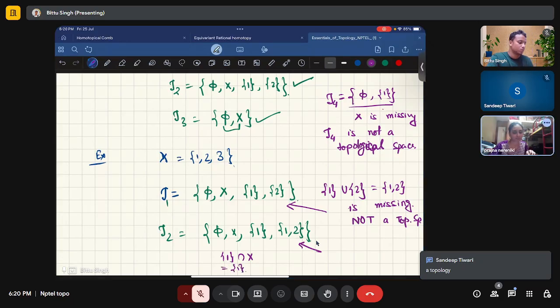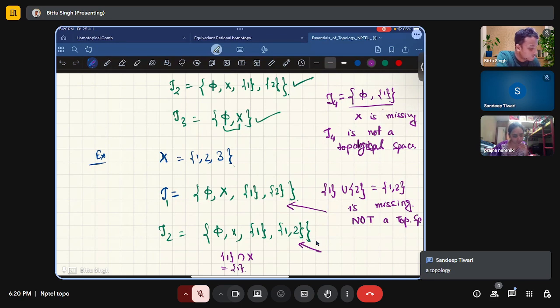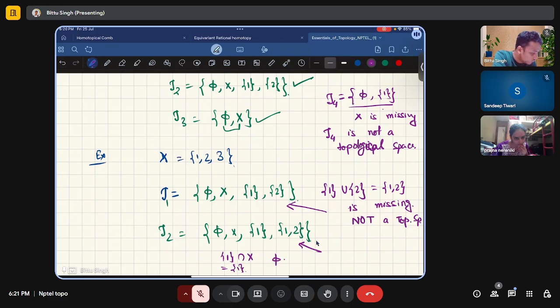You can check that those sets are in ascending order: empty is contained in {1}, {1} is contained in {1, 2}, and {1, 2} is contained in X. In this kind of situation there will be no issue, because the union of two sets will be the bigger one and the intersection will be the smaller one.